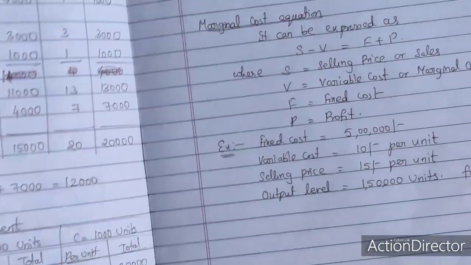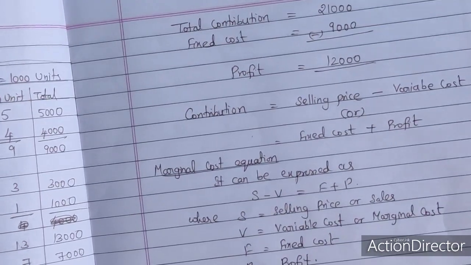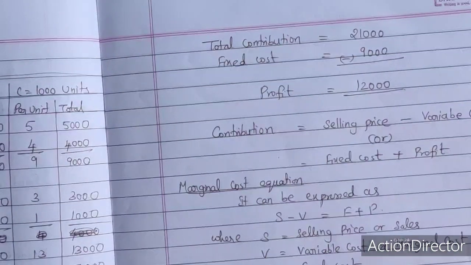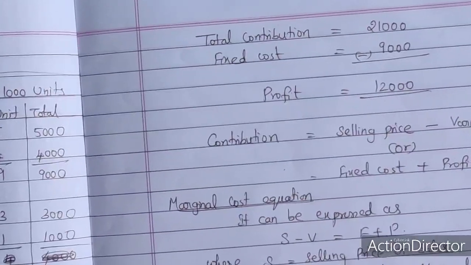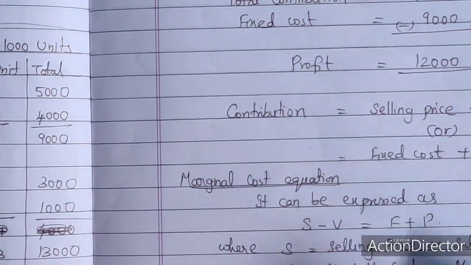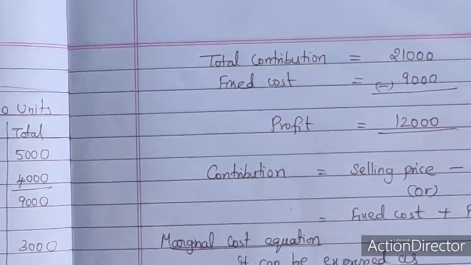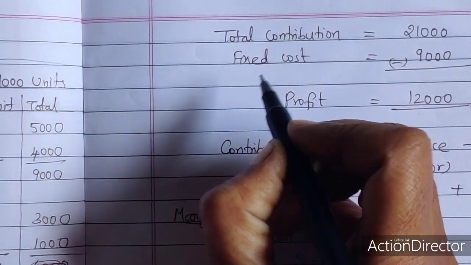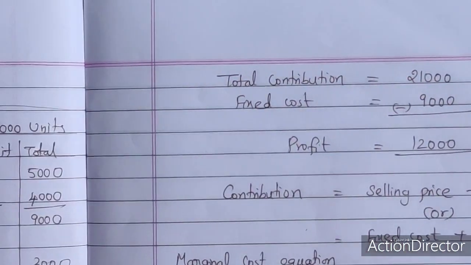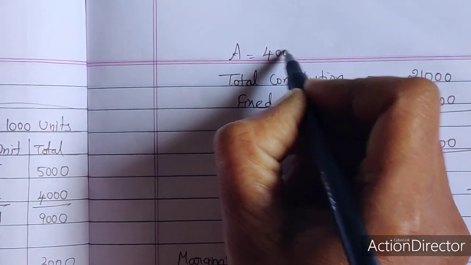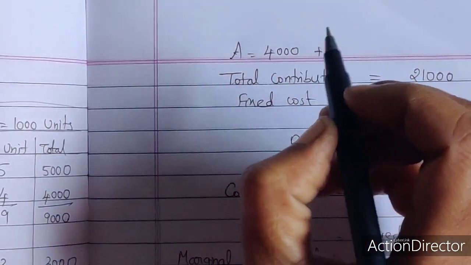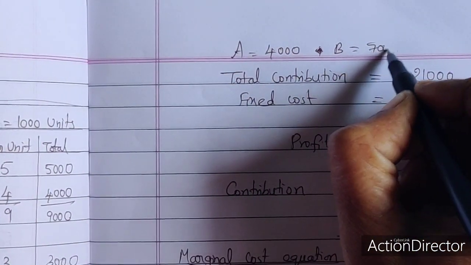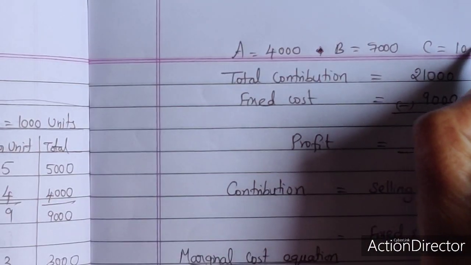Next, in marginal costing, we have to subtract the fixed cost from the total contribution that we calculated earlier. For A it is 4,000 rupees, for B it is 7,000 rupees, and for C it is 10,000 rupees.